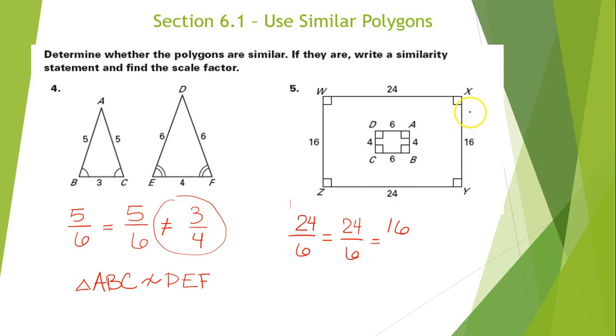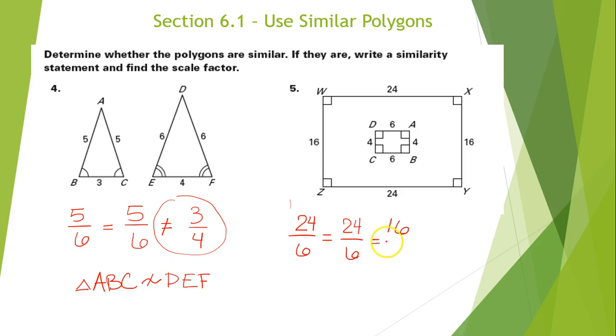Then we're going to do the same thing here. Always go in that same direction as you went before. If you start out with the bigger figure and put a number in the denominator from the smaller figure, it's always going to be big figure over smaller figure.